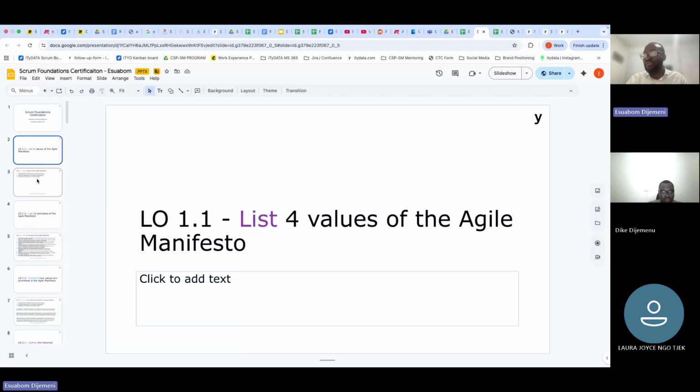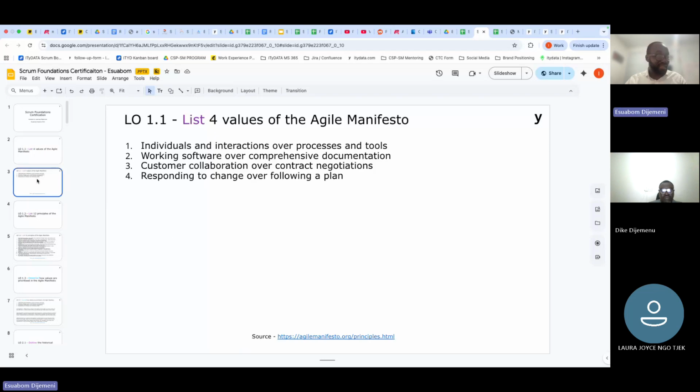So really, the four values, as was pointed out, are individuals and interactions over tools and processes, working software over comprehensive documentation, customer collaboration over contract negotiation, and responding to change over following a plan. And of course, the source is the Agile Manifesto.